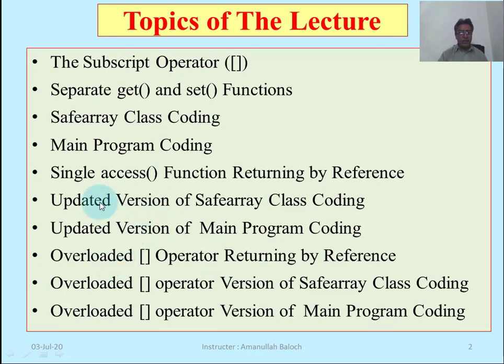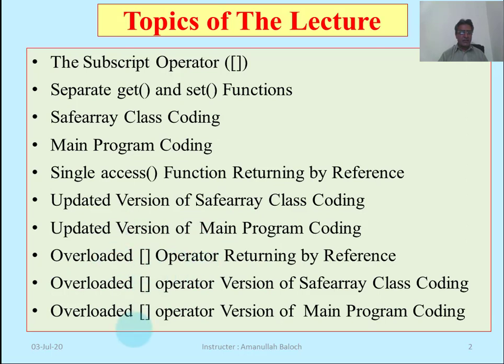Then we will overload. In place of this access function, we will use this function, because this is the subscripted operator, and we will overload this operator because it has some deficiency, and we will cover this deficiency by overloading it.